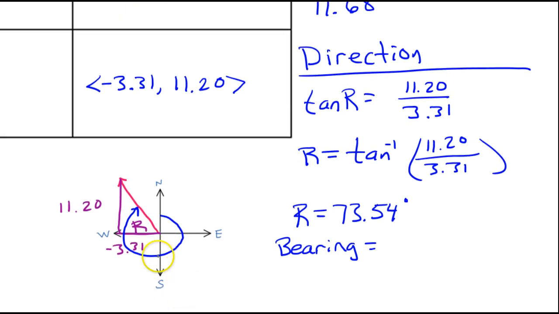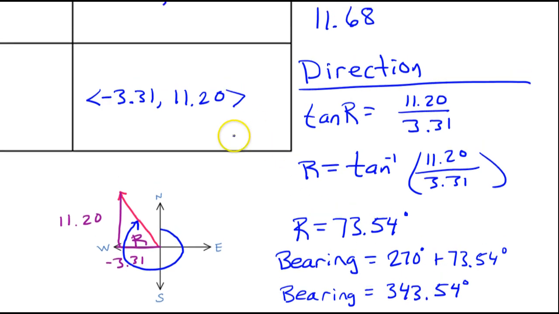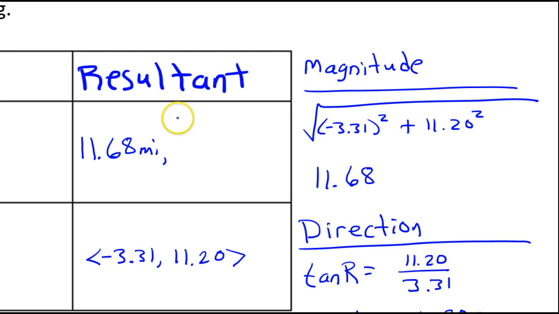At south that's 180 degrees. At west that's 270 degree bearing. So the bearing of this final direction should be 270 degrees plus this extra reference angle of 73.54 degrees. So the bearing is 343.54 degrees, and that is what we will record on the chart for the final answer.